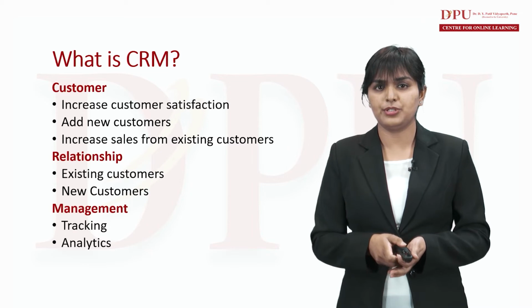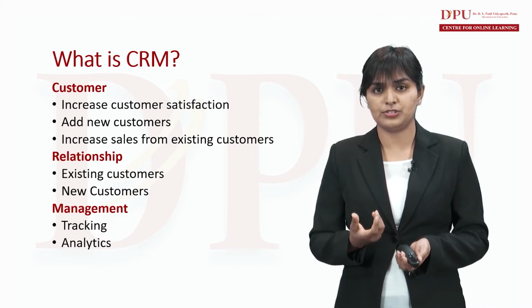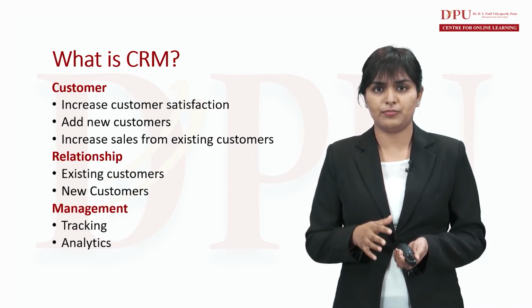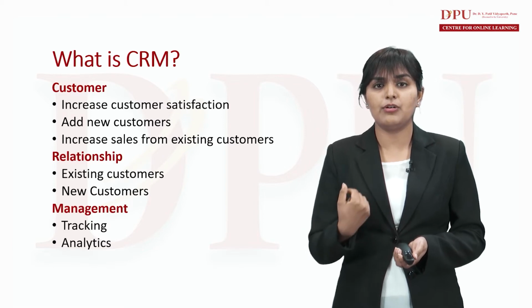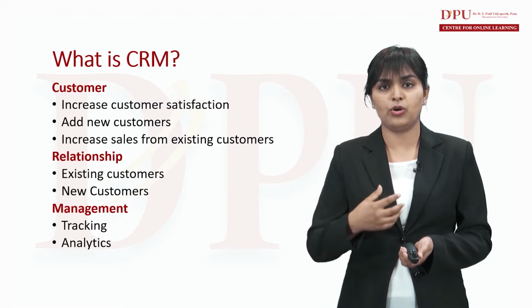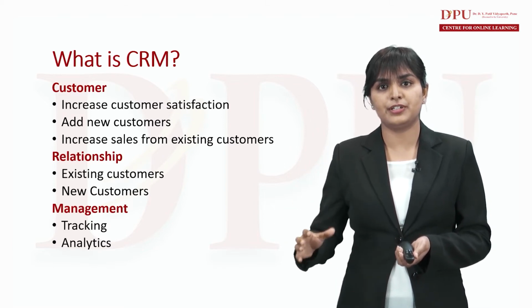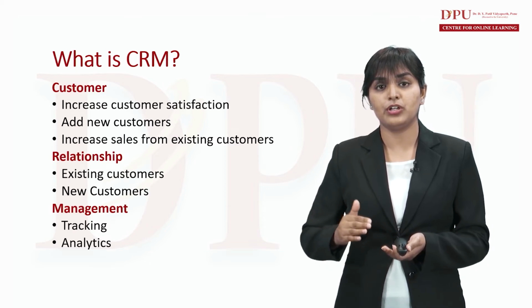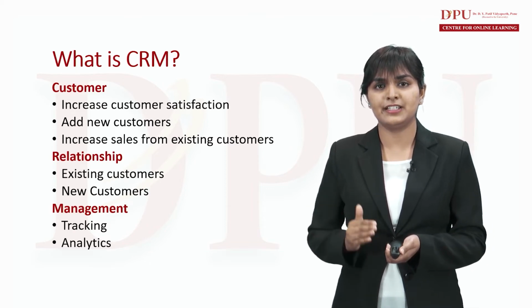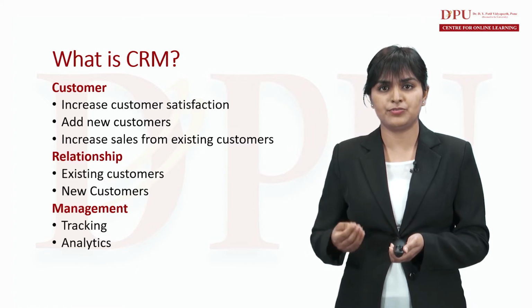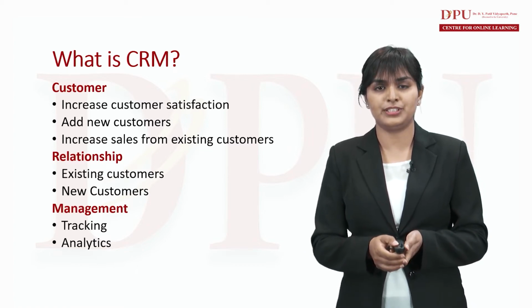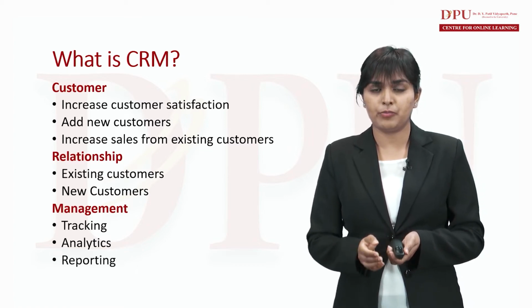Next is analytics. As I've told you, in order to track also, you need to have certain data in place, right? You see how there is a movement of a lead to a customer journey, and from customer to when they are your existing customer or they're doing repeat purchases. So all these analytics are available with the help of CRM. Reporting.